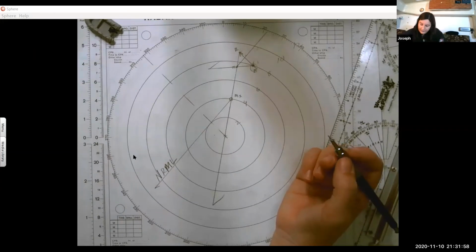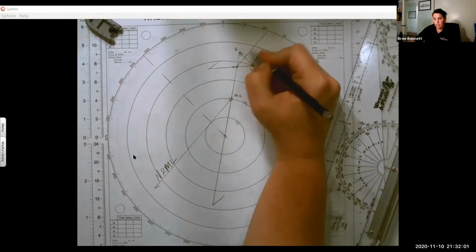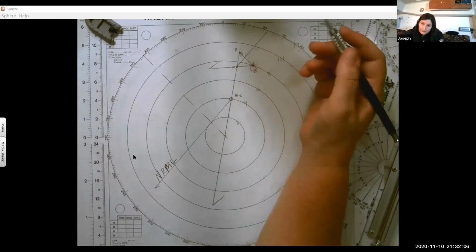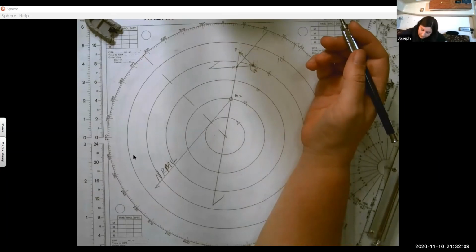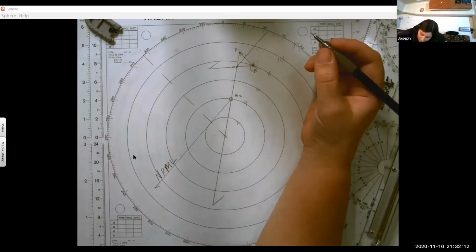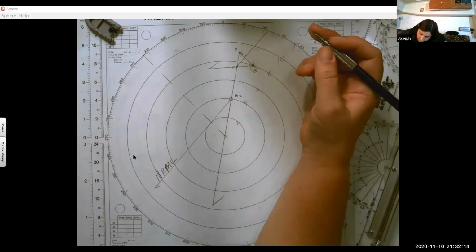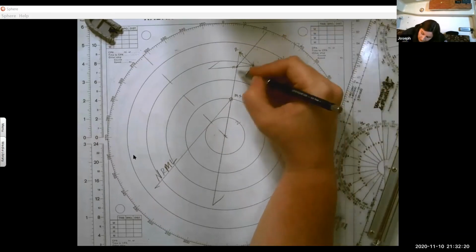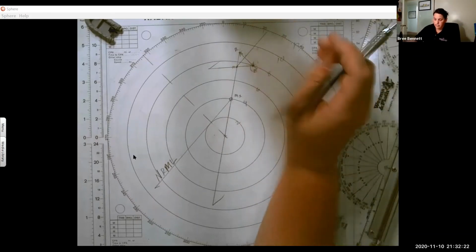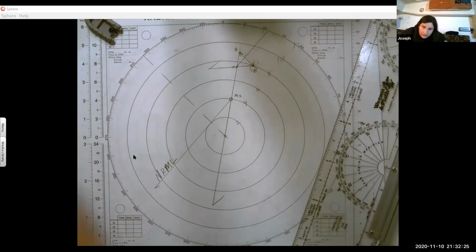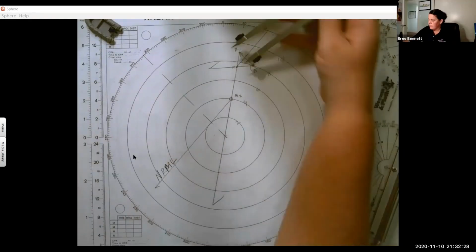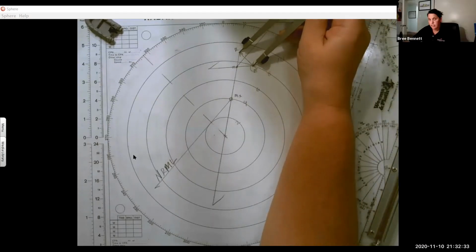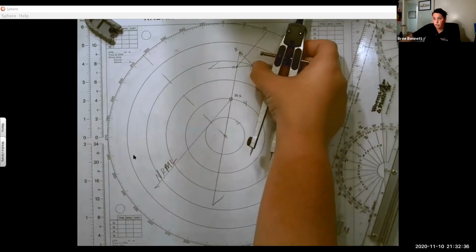Okay, got it. Then we move that new relative motion line up to the other M. And then we want to figure out where our new R is, our R prime. If we're going to change course, we keep our speed. So E is that base point for everything true, right?